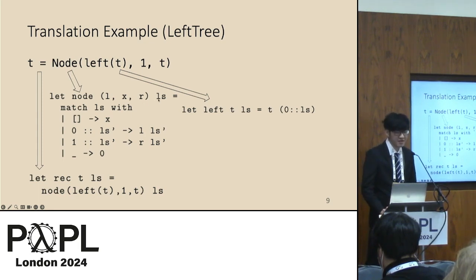Then it takes an integer list as a path and performs pattern matching on it. If the argument is null, it returns the label x.